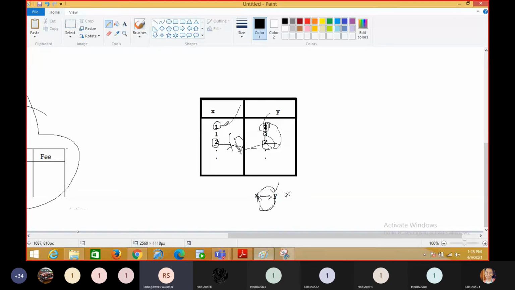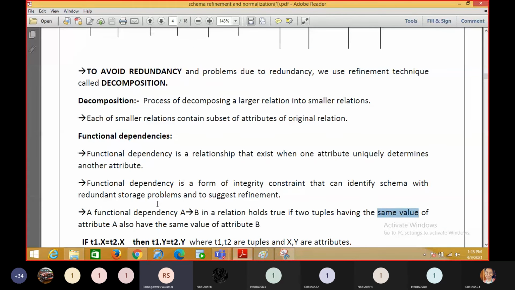So two tuples having same values, the functional dependency A tends to B is true. Okay, and also have the same value of the attribute B. So here A tends to B in a relation holds true if two tuples having same value of the attribute A also have the same value of attribute B.